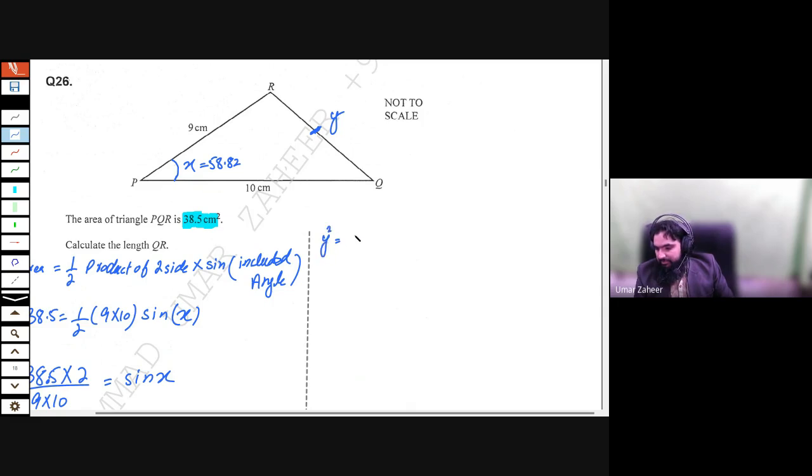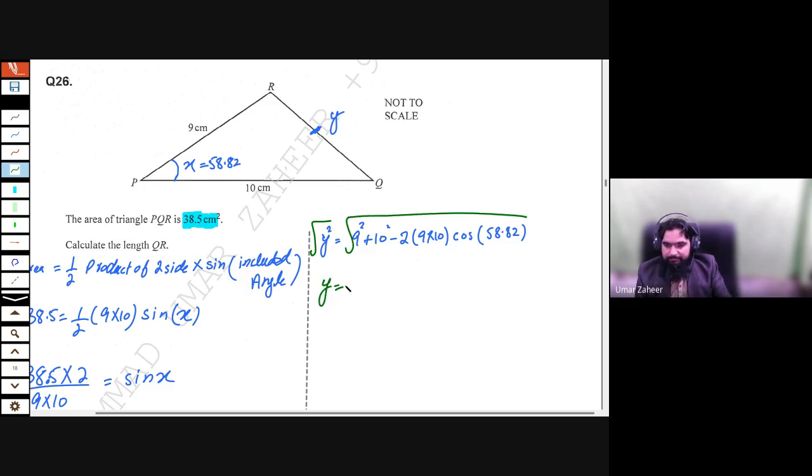Y square is equal to sum of the square of two other sides minus 2 into product of other sides into cos of their included angle. Now it is a square on it. We are going to take the square root. So we will get the answer.